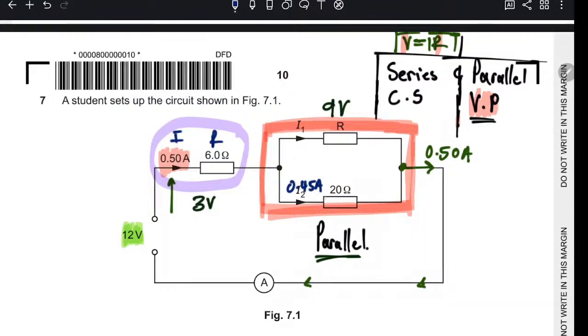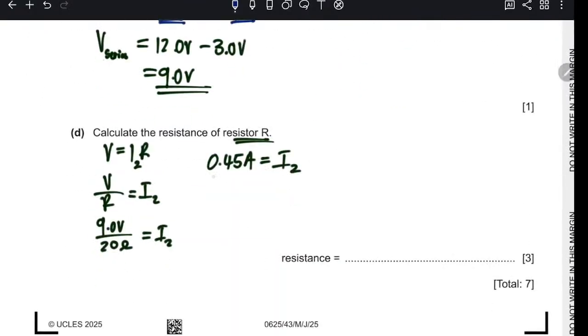Now we know that current is shared because this is a parallel circuit. So this 0.50 was shared. You know now that 0.45 went here, so we want to find I1. To get I1, we say 0.50 minus 0.45 amps.